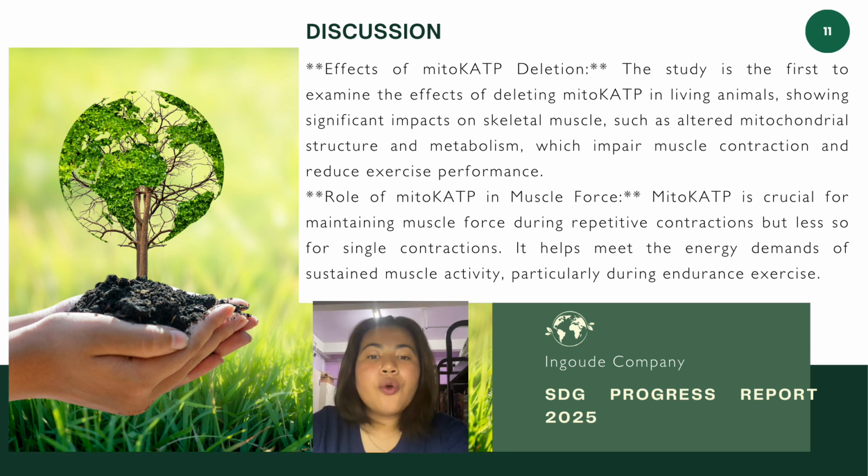The second, role of mitochondrial KATP in muscle force. It is crucial for maintaining muscle force during repetitive contraction but less so for single contraction. It helps meet the energy demands of sustained muscle activity, particularly during endurance exercise.